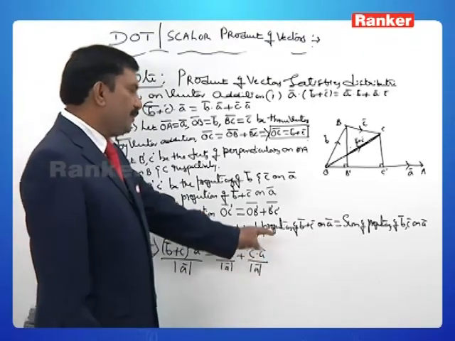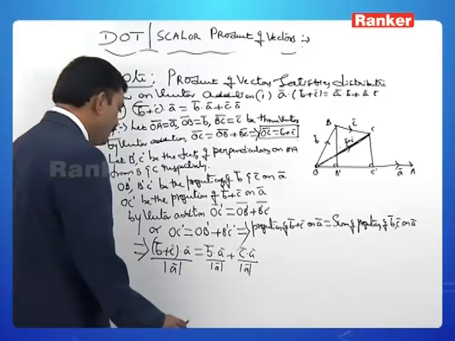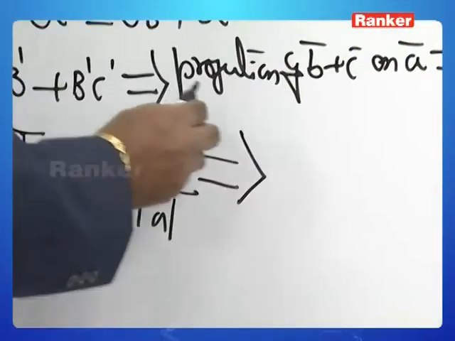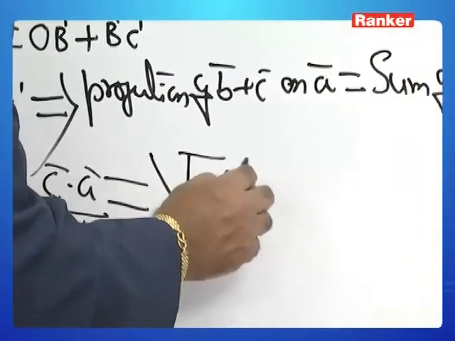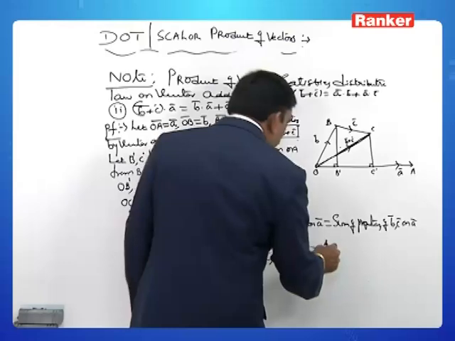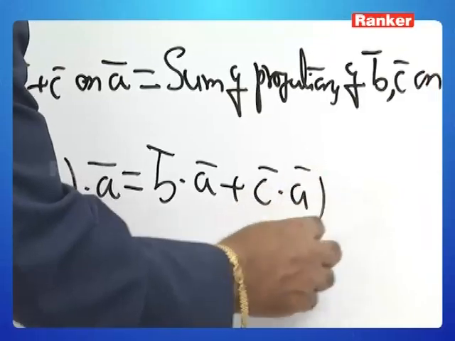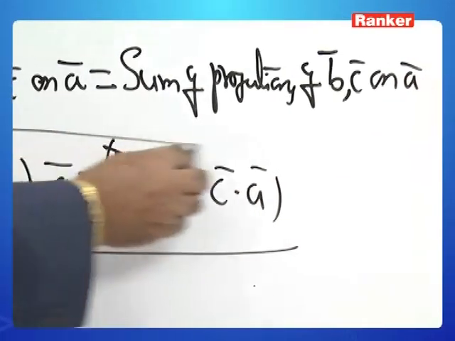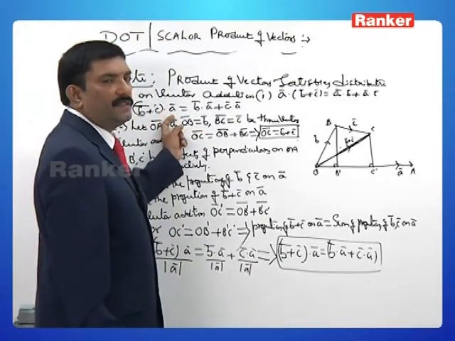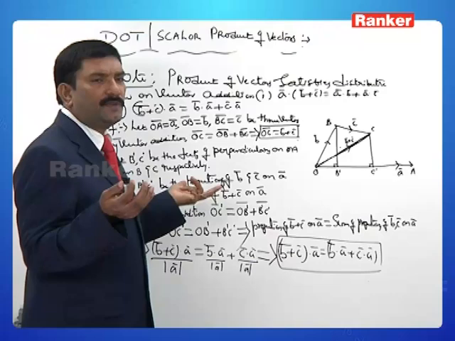Projection of C on A. That's what I wrote: the sum of the projections of B bar and C bar on A bar. In the denominator, you have modulus of A bar common. I can write B bar plus C bar dot A bar is equal to B dot A plus C dot A. Yes, we verified this is the condition. This satisfies the right distributive law. We can also prove the left distributive law.